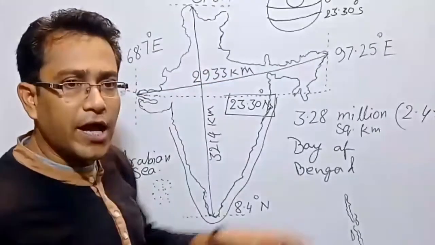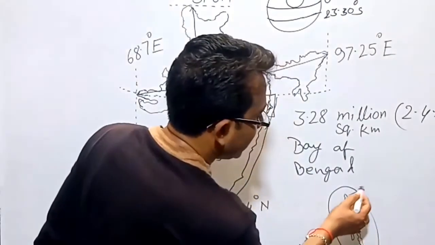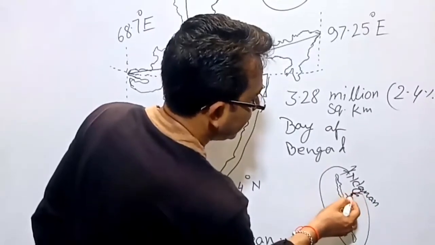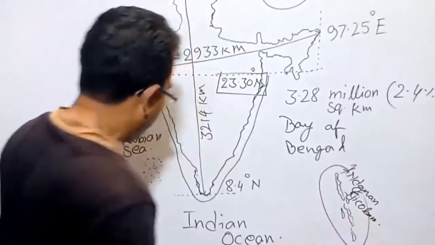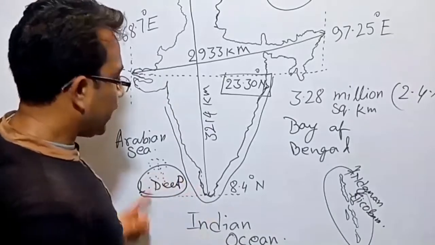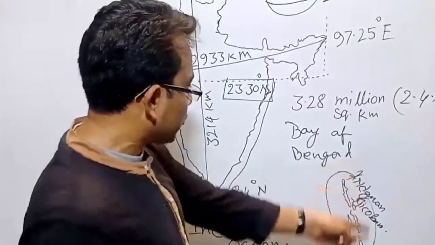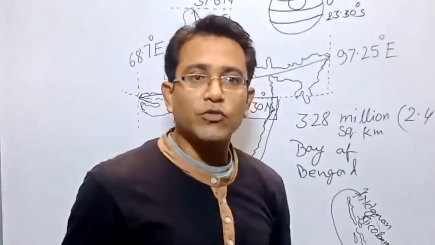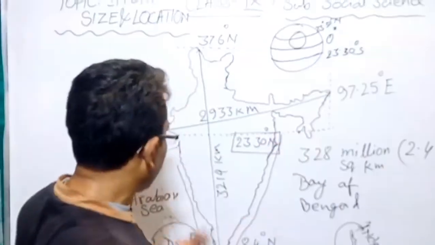Along with our mainland we have two island groups, one is the Andaman and Nicobar island group, and this is the Lakshadweep island group. Out of this, 7,520 kilometer is the coastline of the mainland, and the total coastline is more than 15,200 kilometer. That is our coastal area.